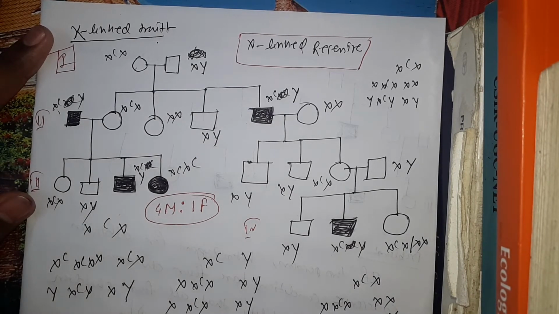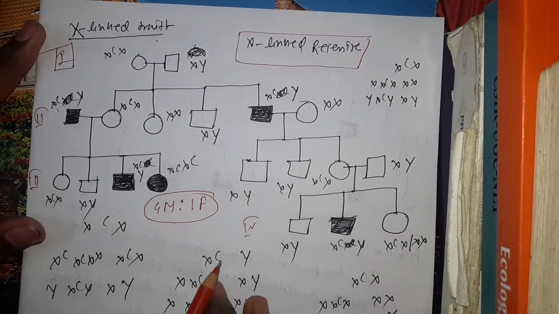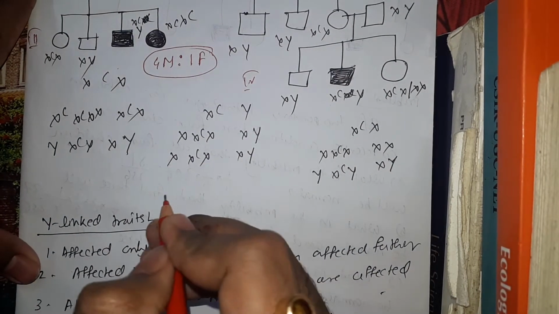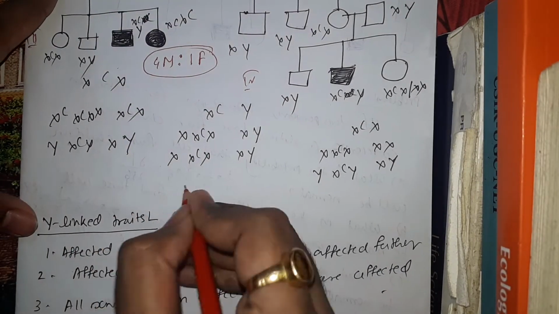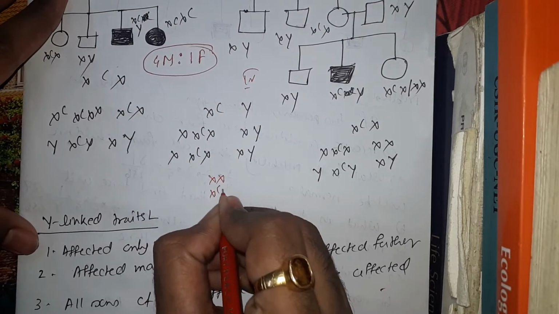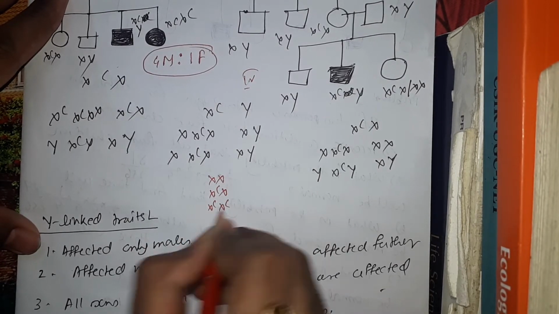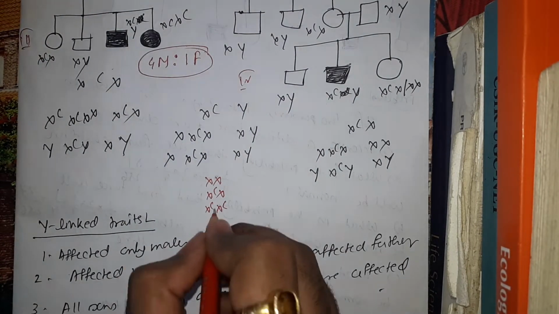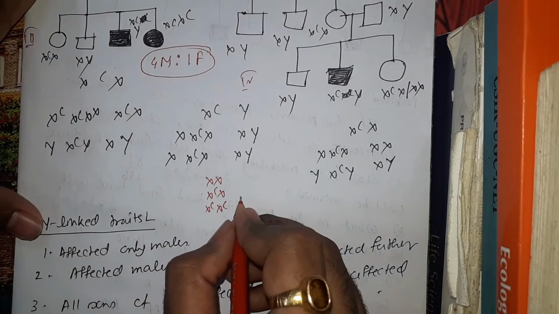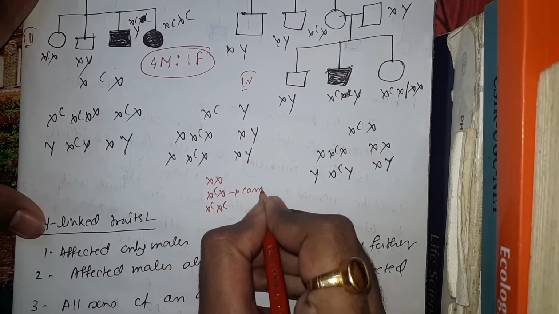So let's do this. For X-linked recessive, let's talk about females first. There are three possibilities, and as we need to talk about recessive, and as I have told you in the case of autosomal recessive, the heterozygous will be a carrier.